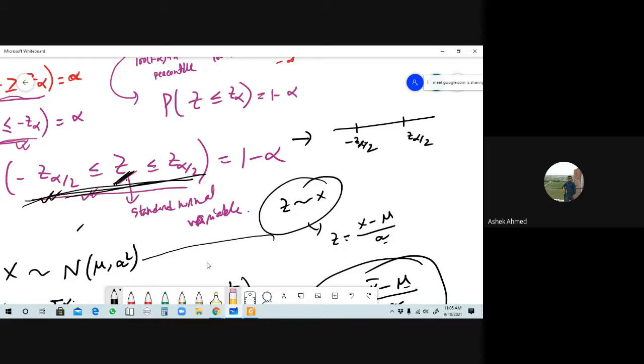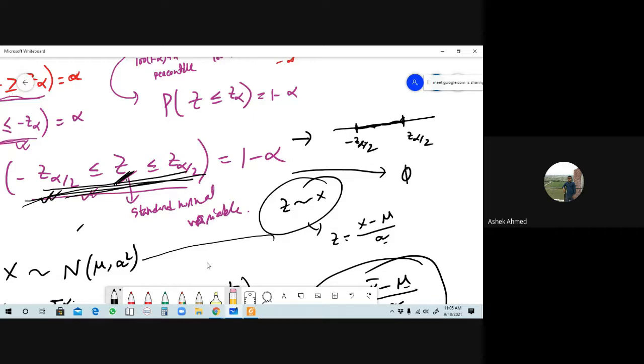This interval represents all the points between minus z suffix alpha by 2 and plus z suffix alpha by 2. Since this represents one interval, we can write this inequality in this way.